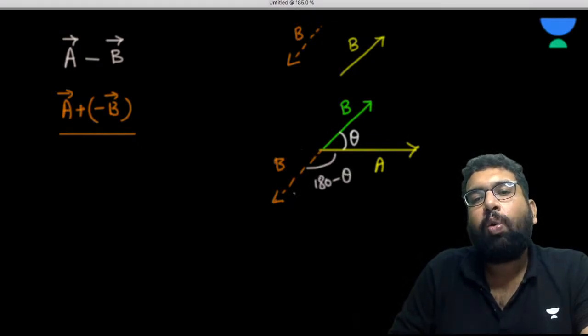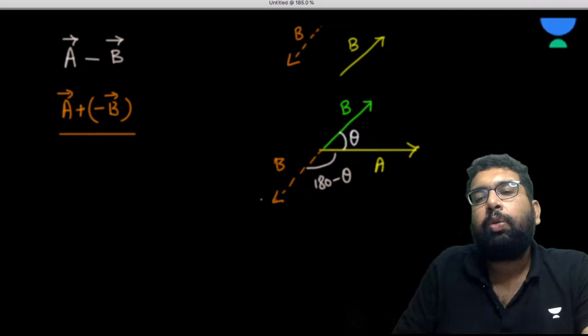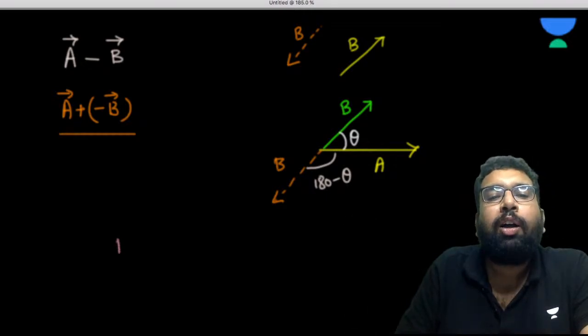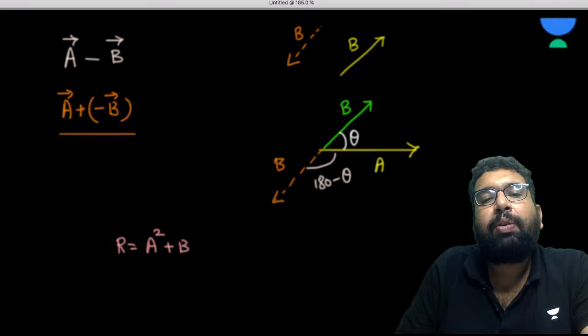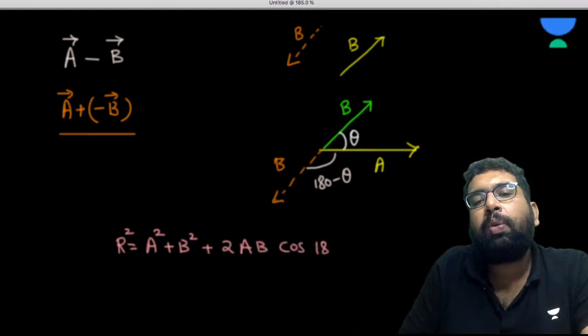Isn't it? Now you want to find the resultant of these two vectors. How do you find the resultant of two vectors? We have the law of parallelogram of forces. R square equals A square plus B square plus 2AB, and we put in the angle between the two vectors.